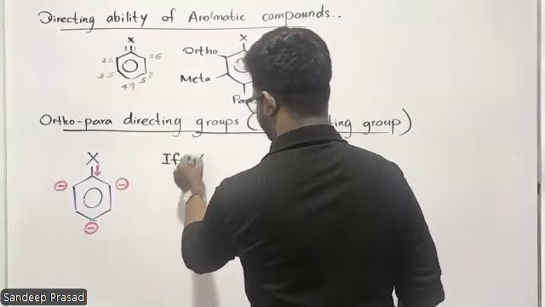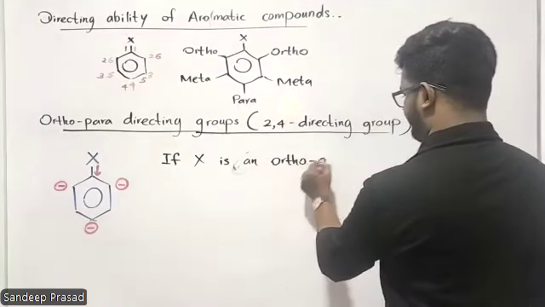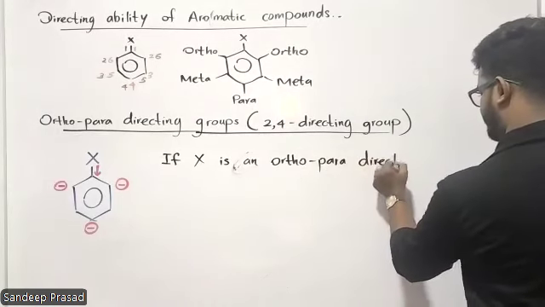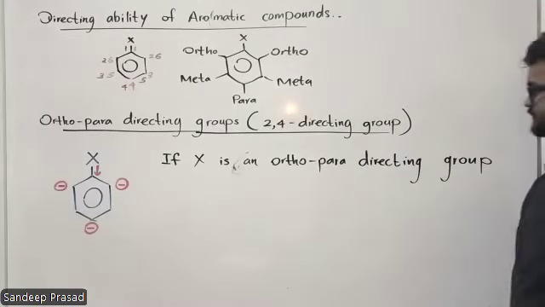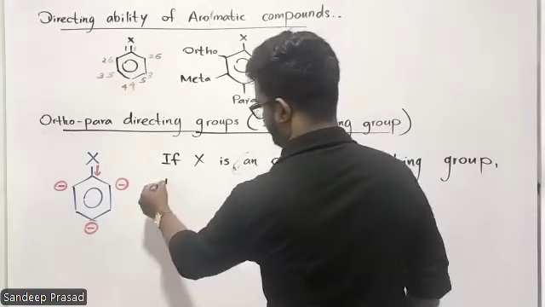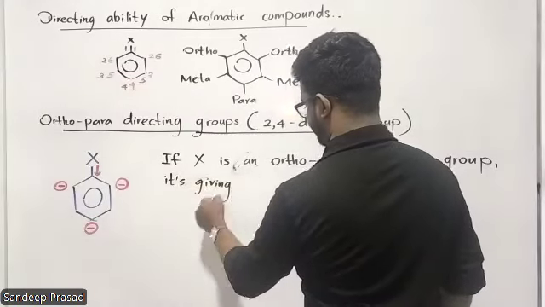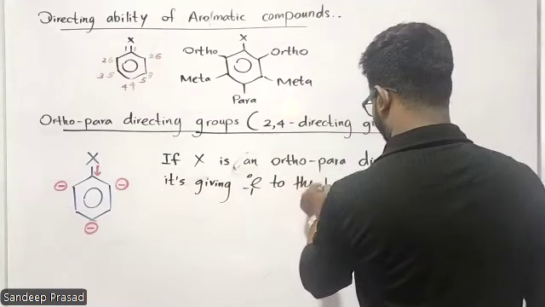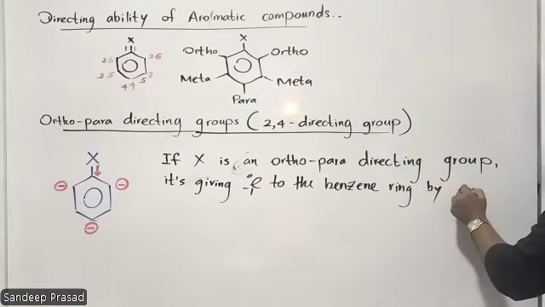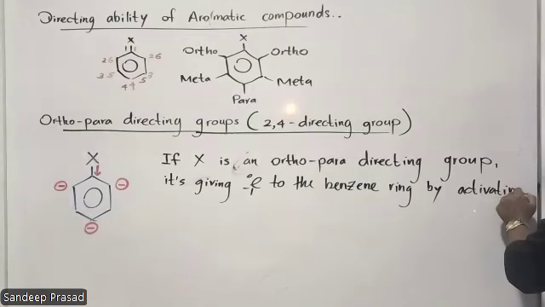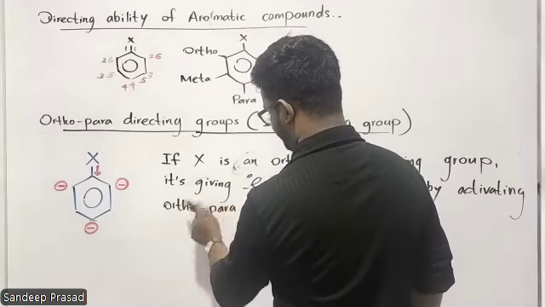If capital X is an ortho-para directing group, it's giving electrons to the benzene ring by activating ortho and para positions.